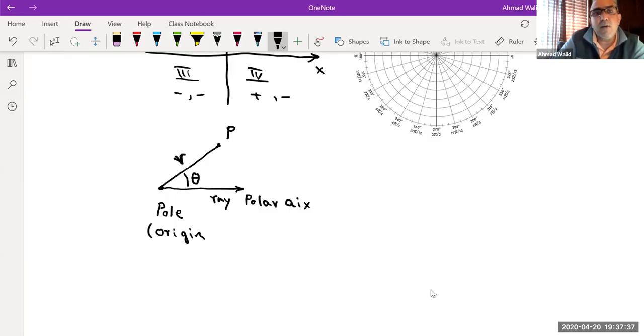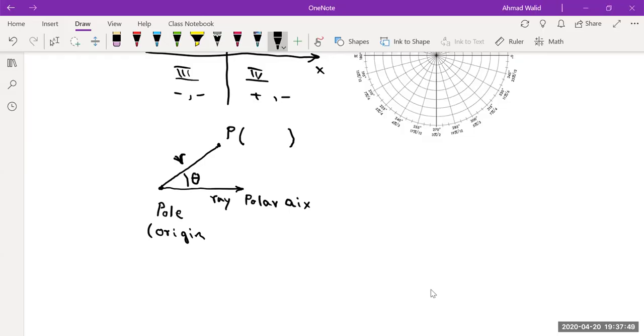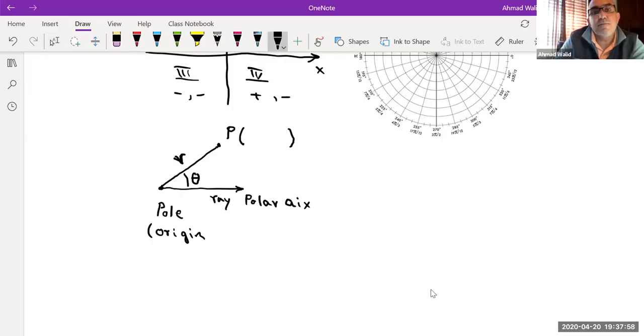Correct? Now, if I ask you, what are the coordinates of point P? Yes, in Cartesian you would need the length of X along the bottom and the height of the triangle.